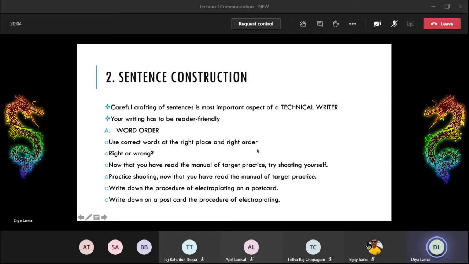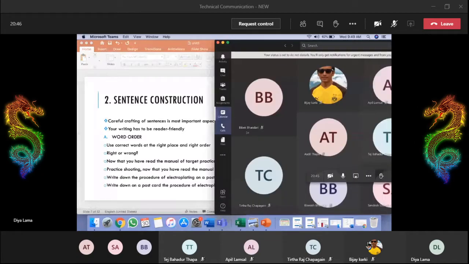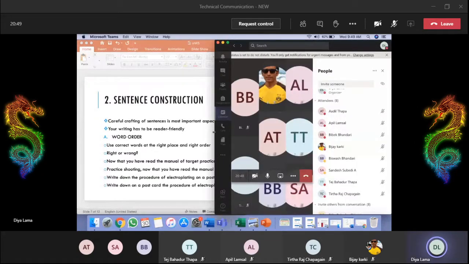So right or wrong. So I've put 4 sentences. So which one is right, which one is wrong, right? So तिमीहरु सबैले हेर है यहाँ.